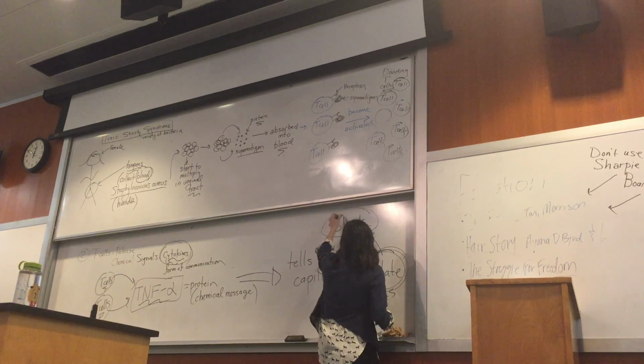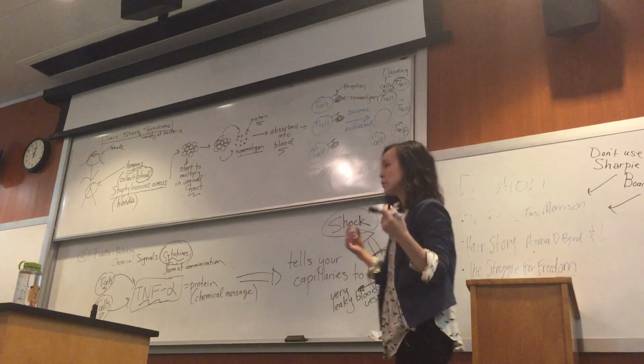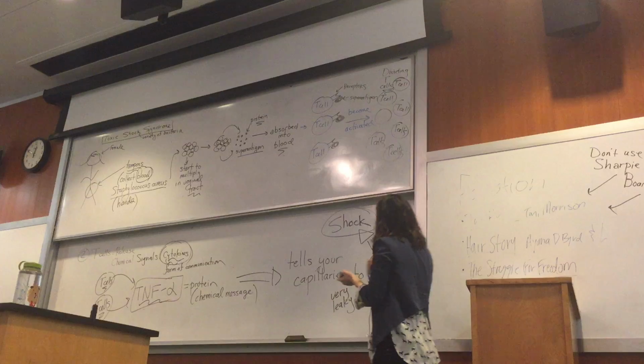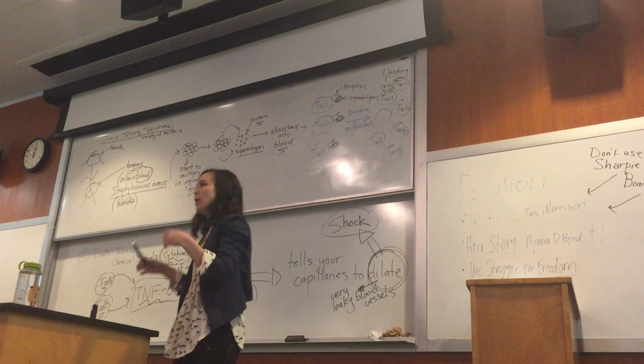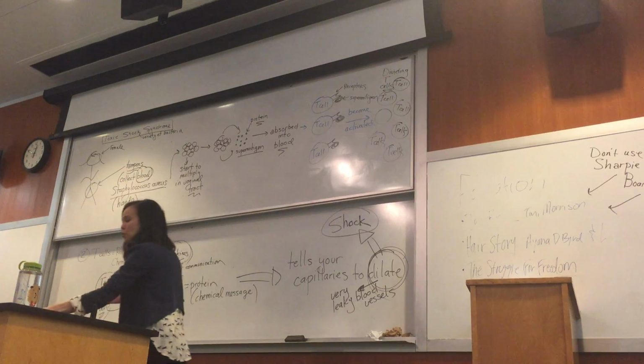Which is basically what happened with this young woman. She almost died from her infection. She went in to see her doctor originally, and they didn't really understand what was going on with her.